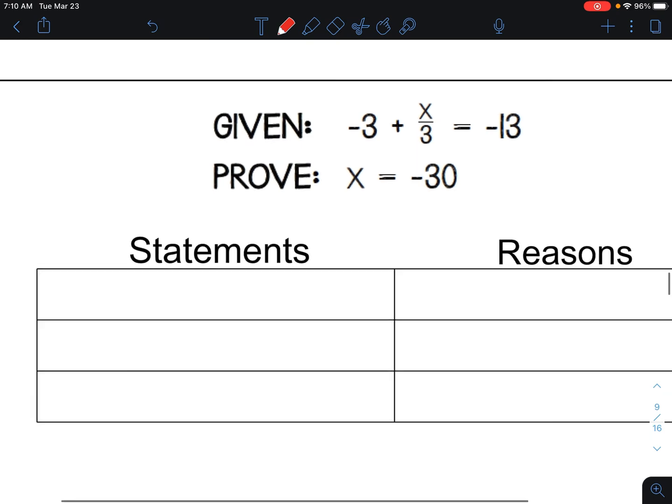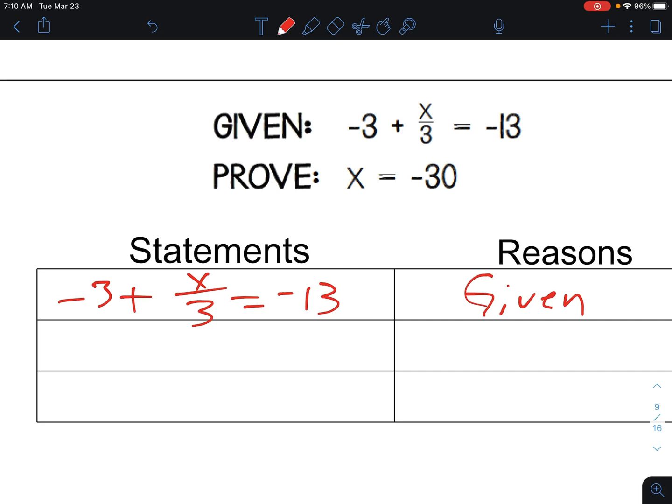All right, well, first off, I'm going to put in that. Now we got to solve for x, so I'm going to add 3. Get x over 3 is equal to negative 10. That was the addition property.